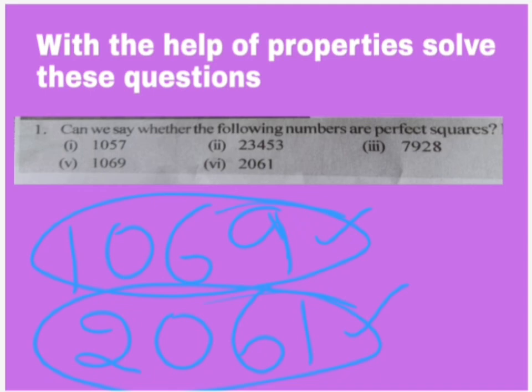Okay, when we recall the first property, we have to keep one thing in mind: in perfect square numbers, if you get 0, 1, 4, 5, 6 and 9, they may be perfect square numbers or may not be perfect square numbers.